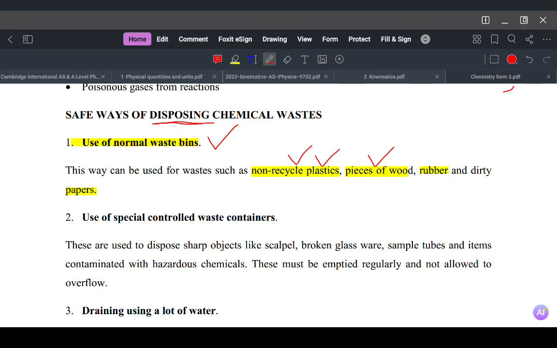So these can be thrown into such a bin. Rubber and dirty papers can be collected, put together, and thrown into the bin. So know the type of waste which is disposed of by a given method.